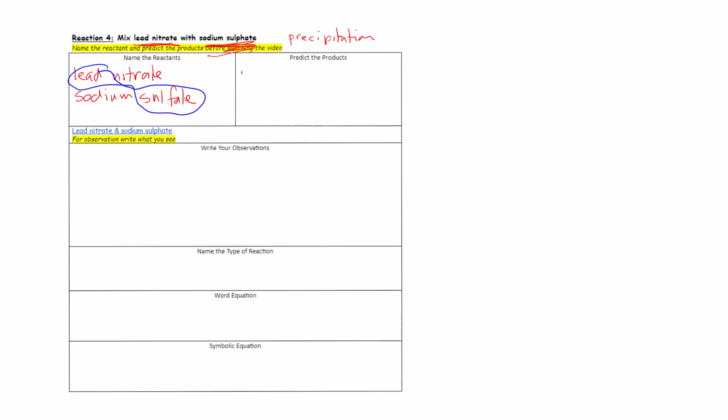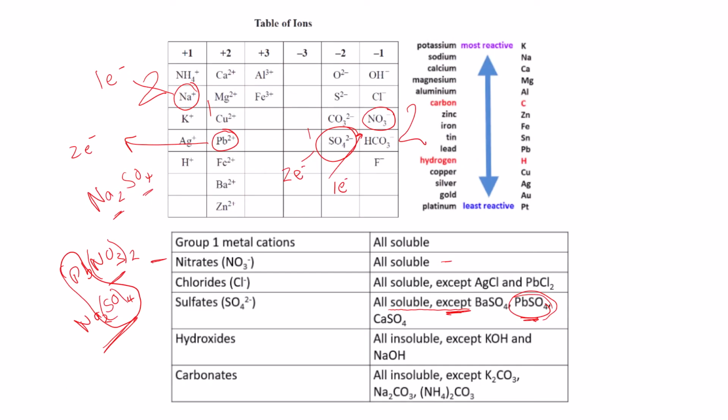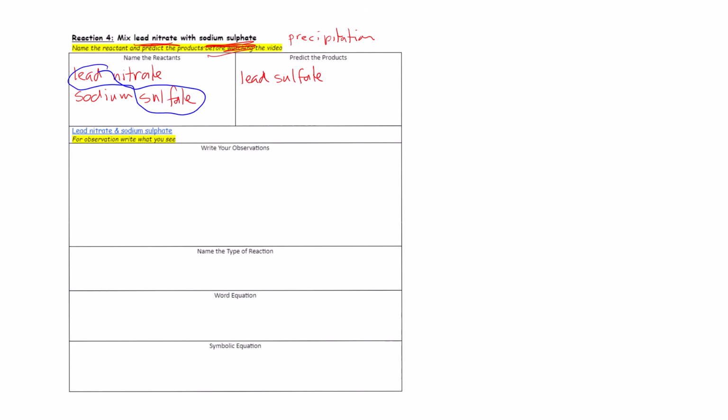We think we're going to get lead sulfate because, again, what do we know about lead sulfate? All sulfates are soluble except lead sulfate. So we think we're going to get lead sulfate, which will leave us with, what will we be left with? Sodium nitrate. So plus sodium nitrate.